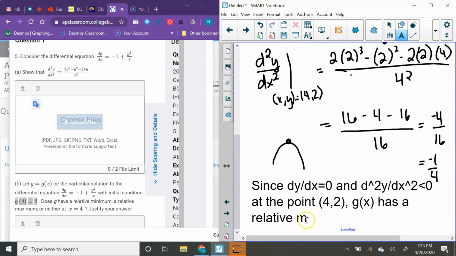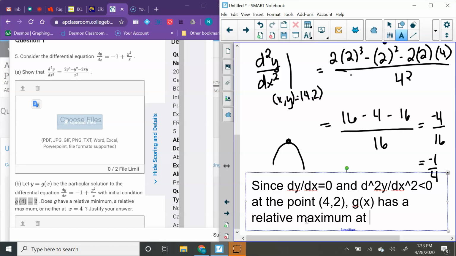So g of x has a relative maximum at this point.